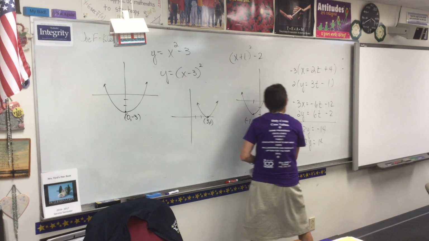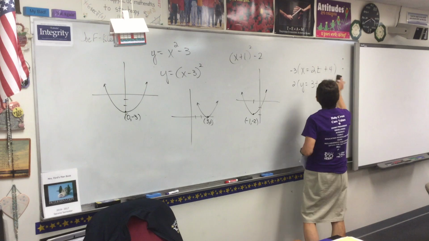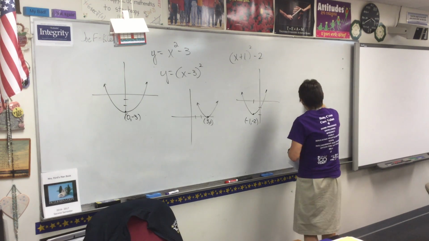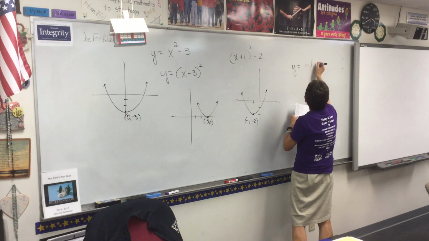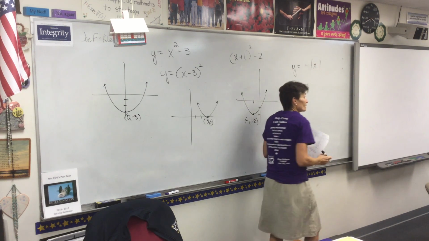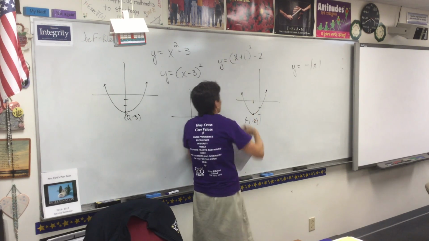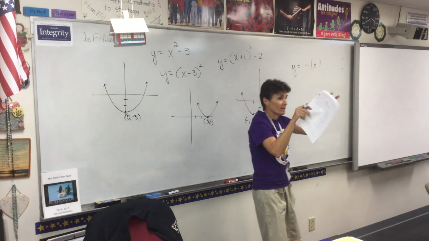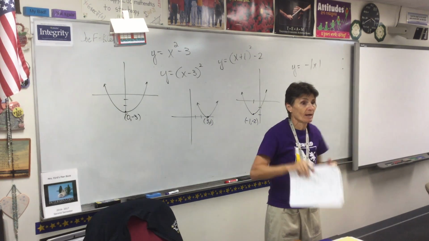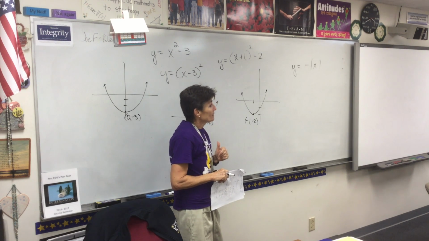Now, number 2 introduces something we kind of touched on the other day, but now it's time to really hit it hardcore, and that is negatives. We know what pluses and minuses do. If you add and subtract in your problem, you are picking your picture up and putting it down somewhere else. Negatives flip you.